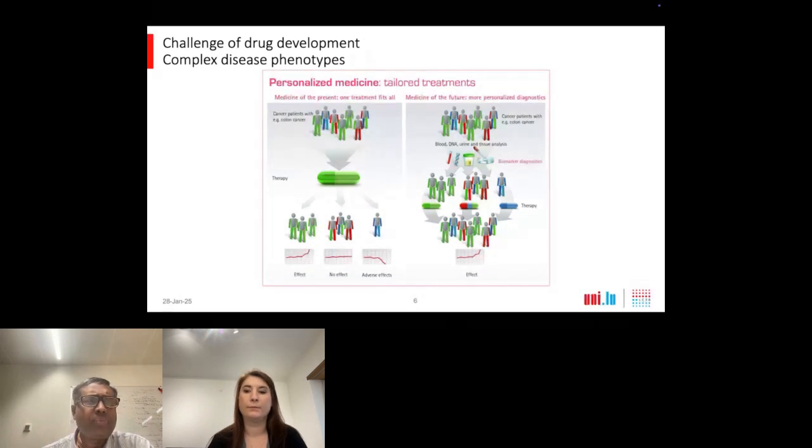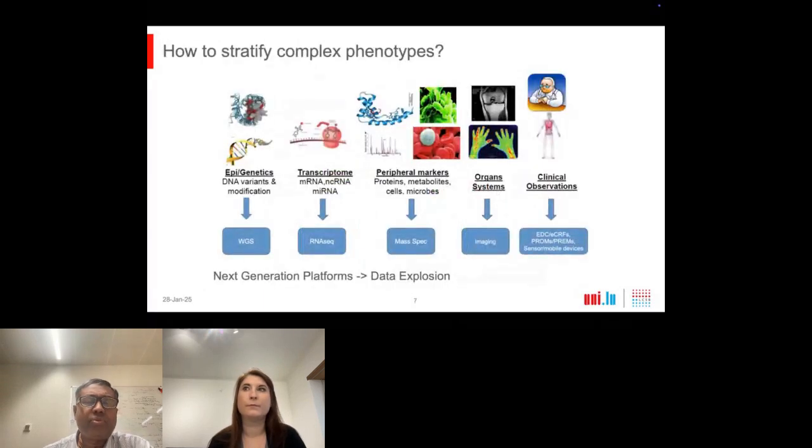To address these complex disease phenotypes, we follow a data-driven approach. The question is how to stratify this, so we follow a data-driven approach. Here we deal with a lot of clinical data coming from electronic case report forms, PROMs, PREMs, sensor and mobile devices, or imaging data at different organ levels, and peripheral markers using mass spec or transcriptomics data from RNA-seq or other methods.